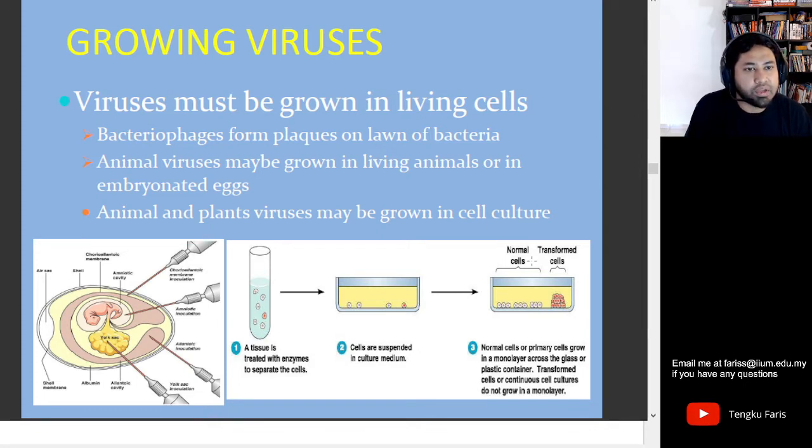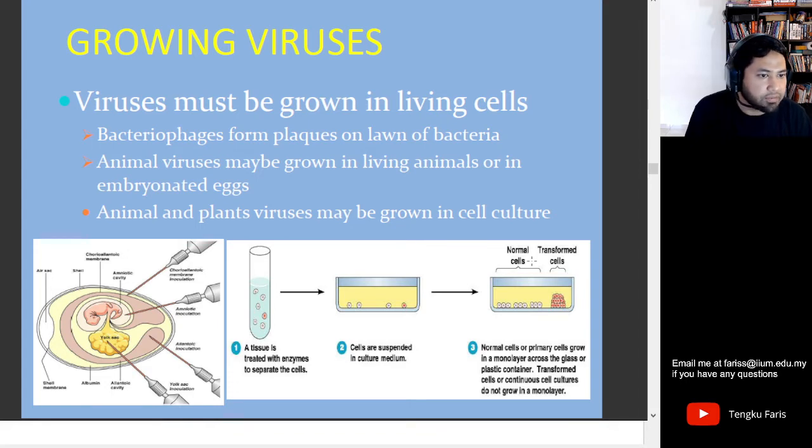Well, good to know that we can grow our own viruses, and they must be grown in living cells for the purpose of study. For example, the bacteriophages form plaques on a lawn of bacteria. On E. coli, for example, you can see them forming plaques. And of course, the bacteria are the living cells. Animal viruses may be grown in living animals or on embryonated eggs.